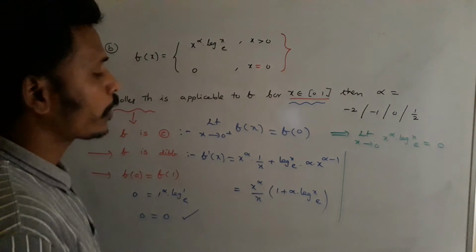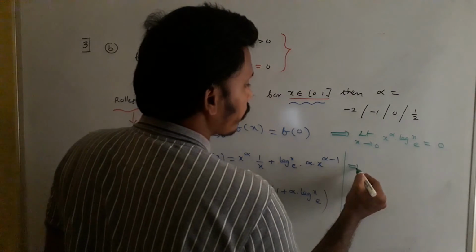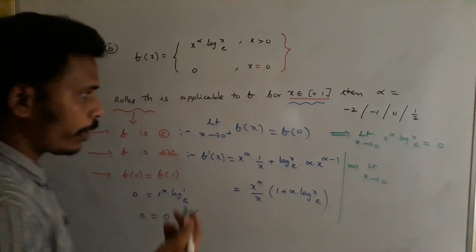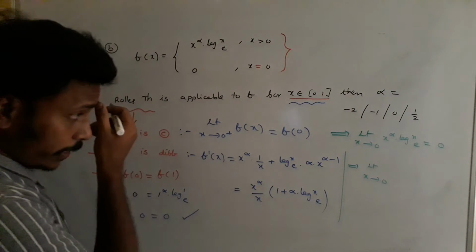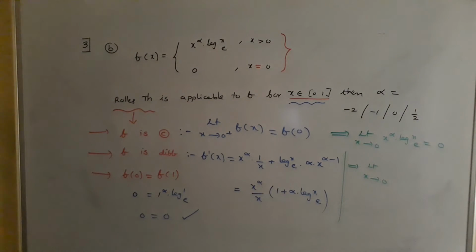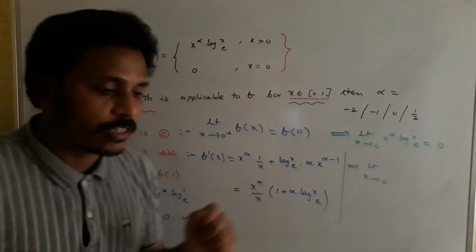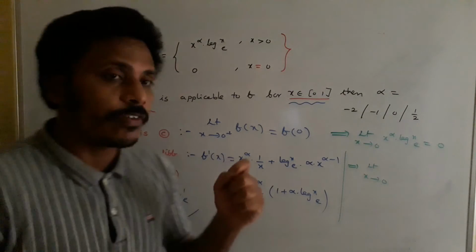And this implies limit x tends to 0, and particularly 0 plus actually, since we don't know alpha. Limit x tends to 0 plus log x base e value is how much? It is minus infinity actually.